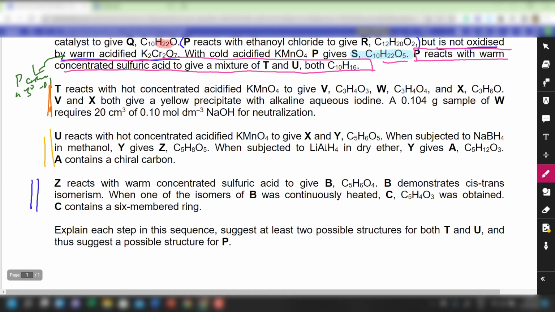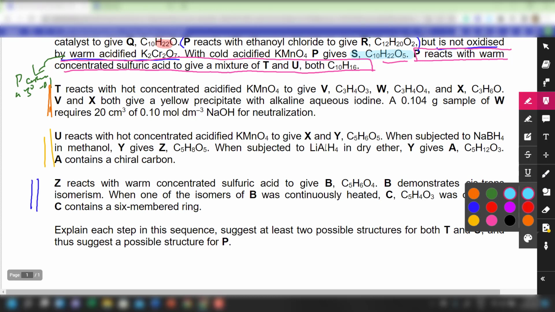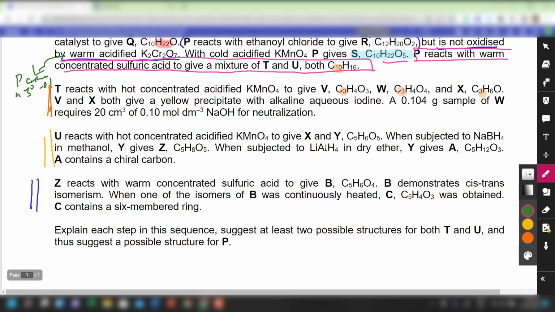T reacts with hot acidified KMnO4 to give us V, W, and X. Most importantly, we need to take note that T and U contain 10 carbons each, and for V, W, and X, if you do a quick count, a total of 9 carbons. That means that 1 carbon is missing, and the missing carbon is likely due to the production of CO2.